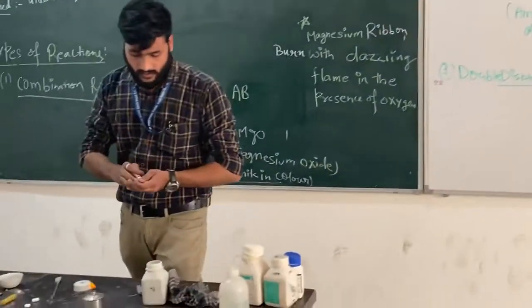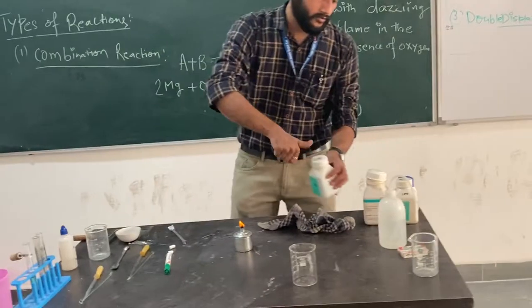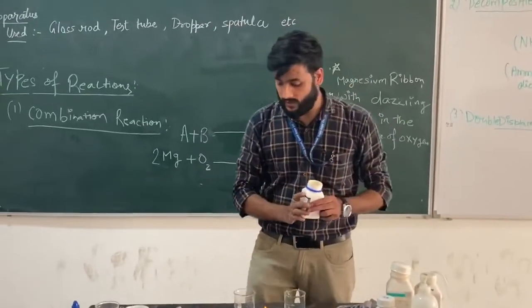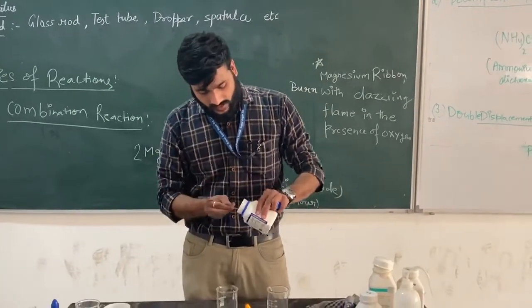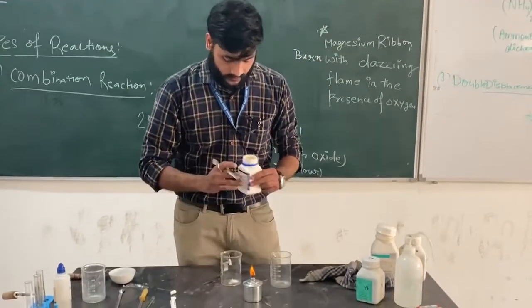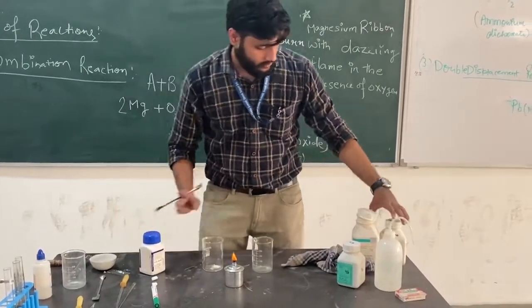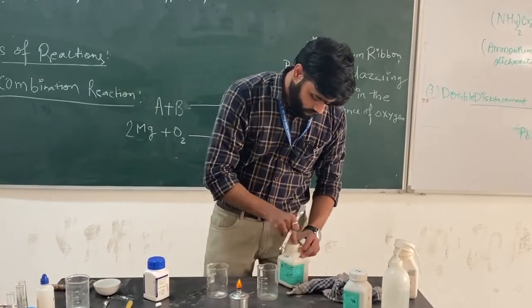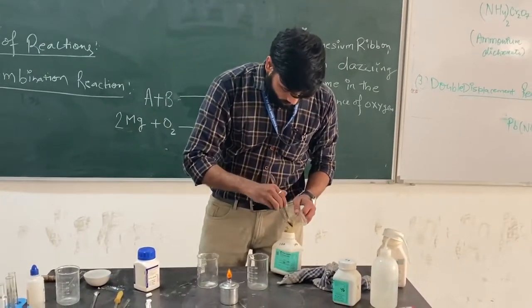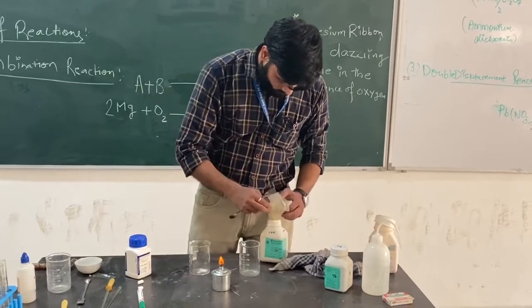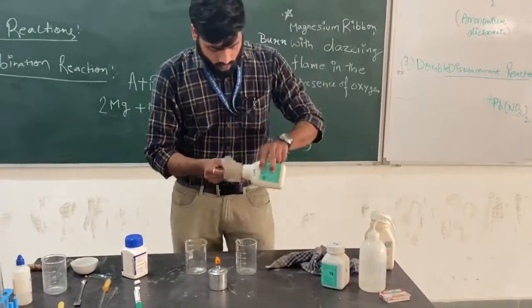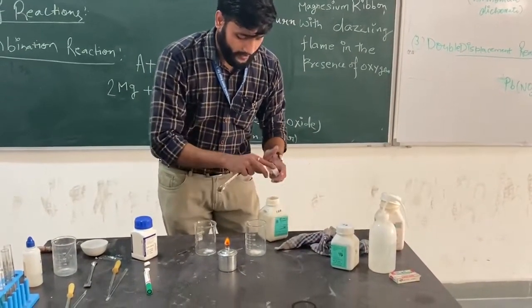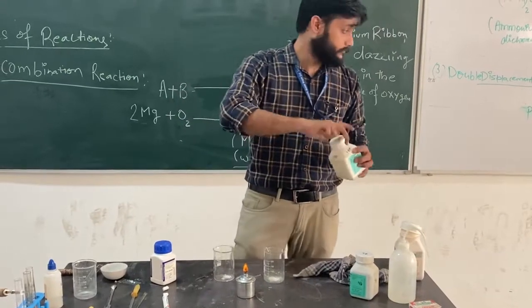Okay, now let's take, I'm going to make an aqueous solution of lead nitrate. This is lead nitrate, and this is potassium iodide.